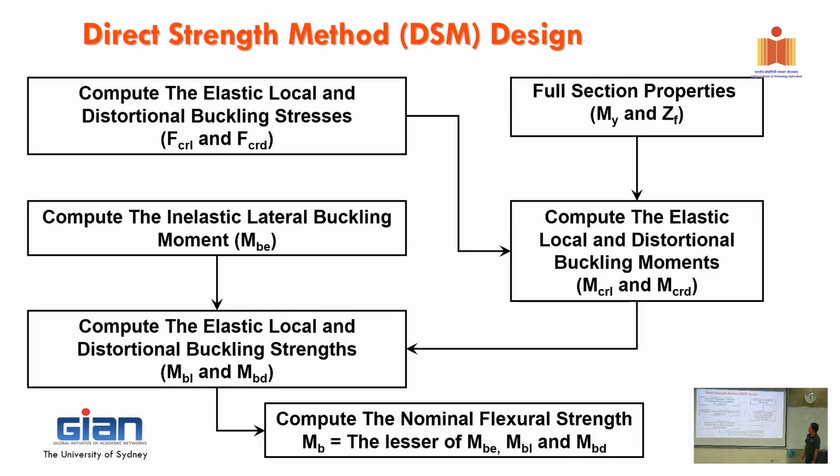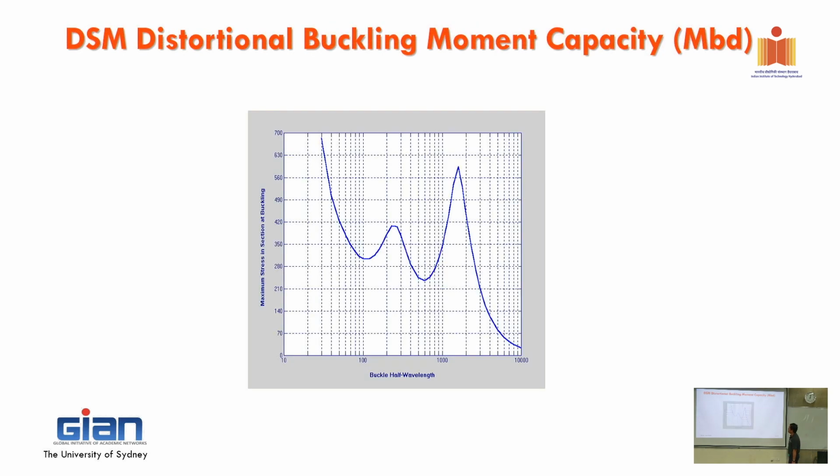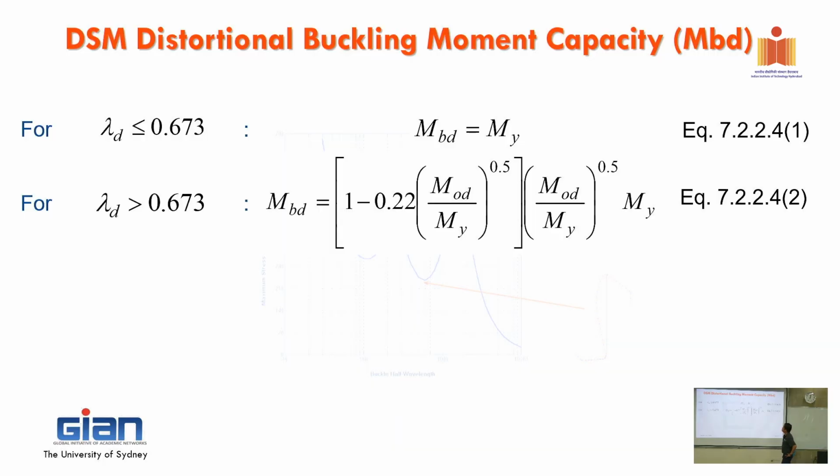Then you calculate elastic buckling. You calculate elastic local and distortional buckling strength. Before that, you need to run the signature curve. Then we need to work out the minimum point from the signature curve. And from that minimum point, you can calculate MOD. Right.